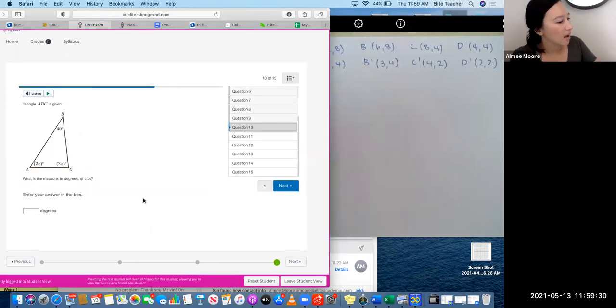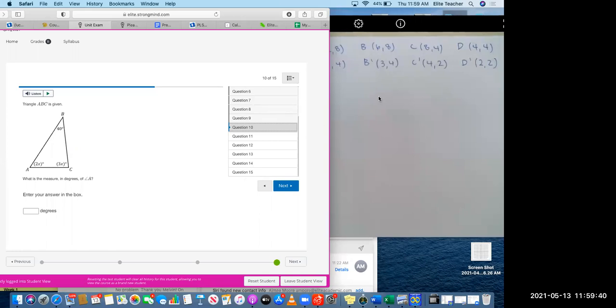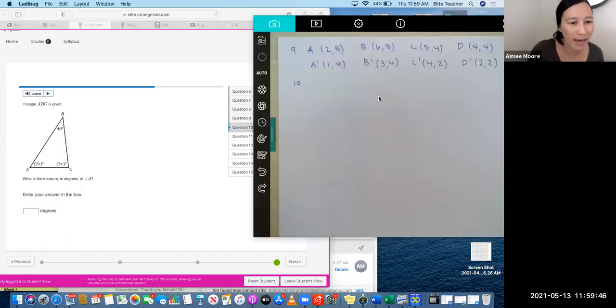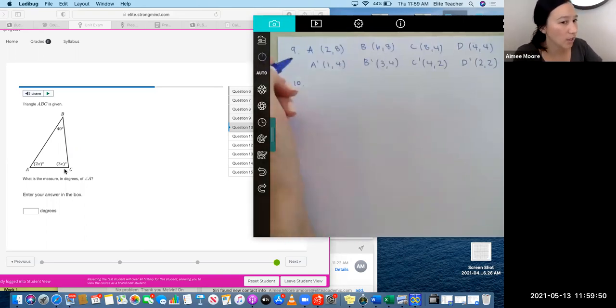Okay, number 10, this is the triangle sum theorem. Do you guys remember what the triangle sum theorem says? All the angles will add up to 180. Yep, all the angles in a triangle always add up to 180. So we just need to set up an equation.